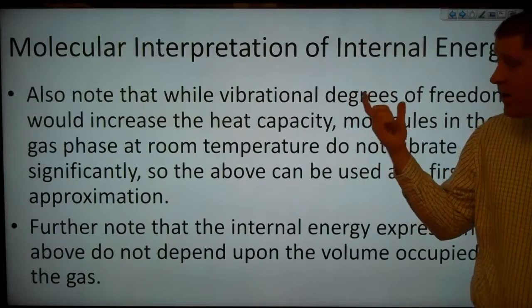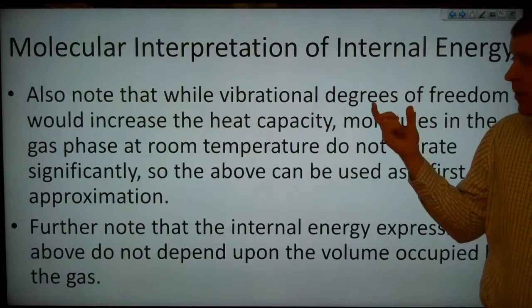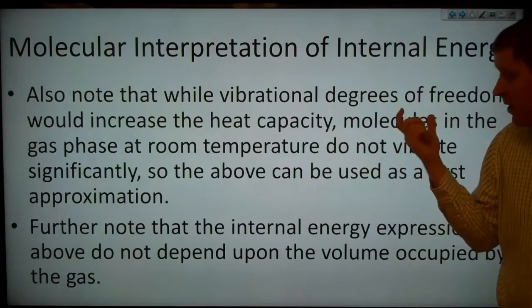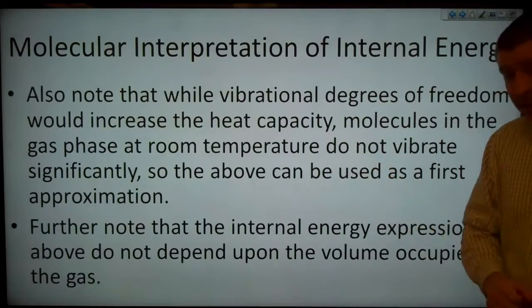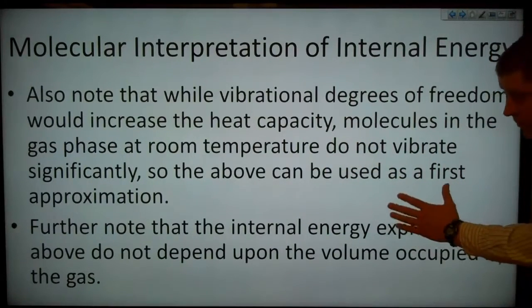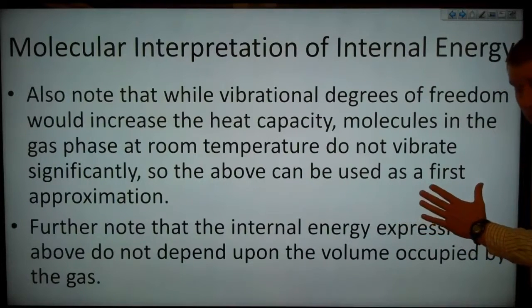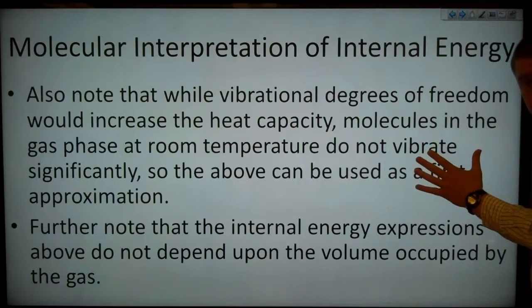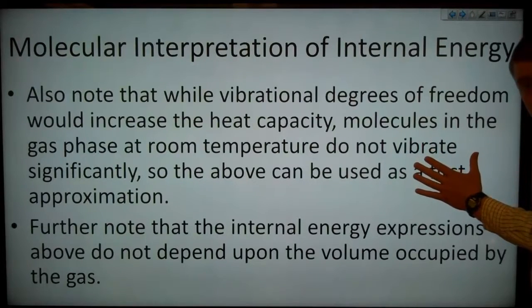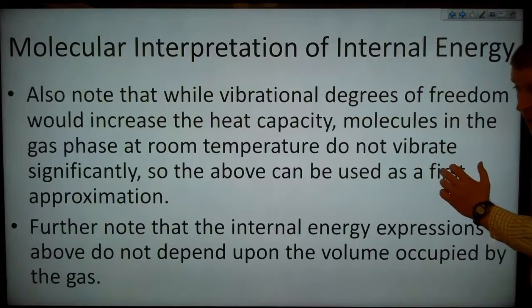Also note that while the vibrational degrees of freedom would increase the heat capacity, the molecules in the gas phase at room temperature do not vibrate significantly, and thus the above can be used as a first approximation. So we can largely ignore the vibrational degrees of freedom when we're looking at heat capacity at room temperature.